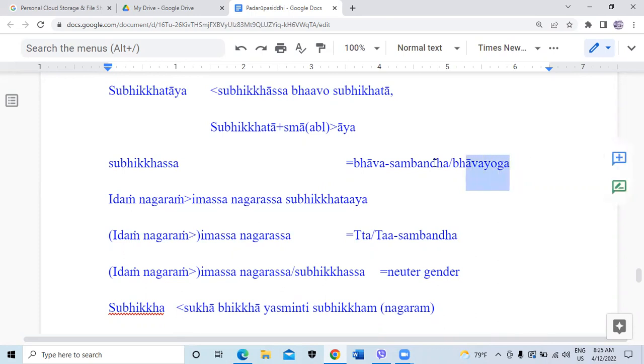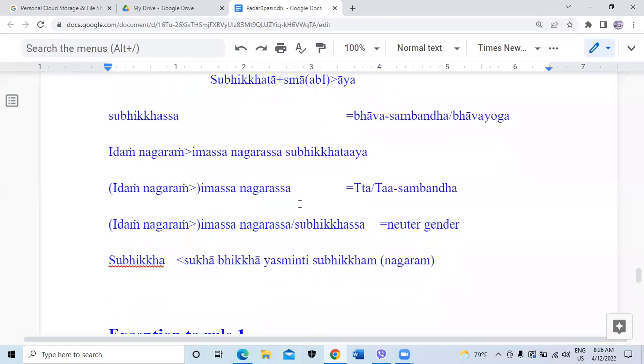These technical terms, Bhava Sambandha and Bhava Yoga, apply in this case to Subhikasa. That's why Ida Nagara, Imasa Nagara, Subhikata. So Ida Nagara changes to Imasa Nagarasa. That's what we call Tata Sambandha. Sometimes we use a double ta suffix, sometimes a single ta suffix. That's why Tata Sambandha.